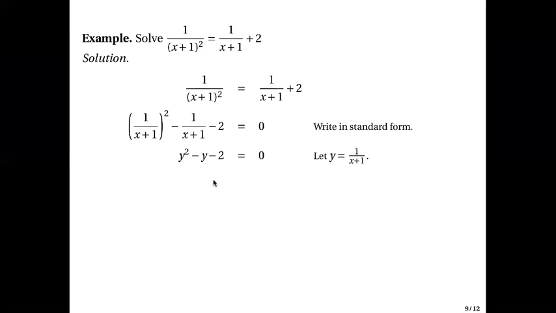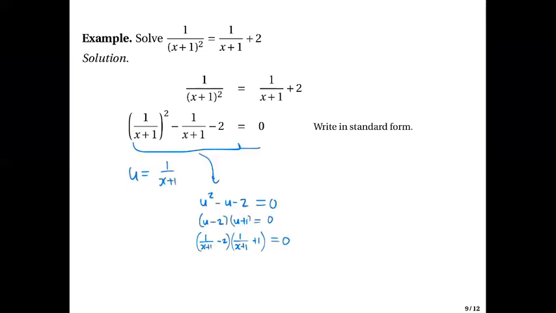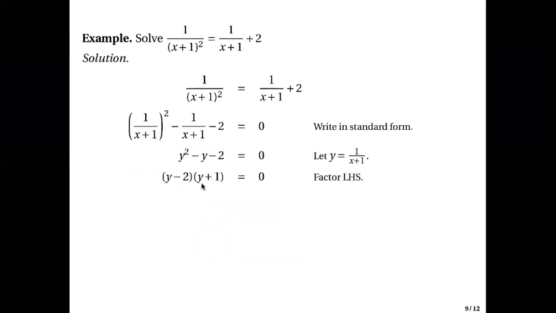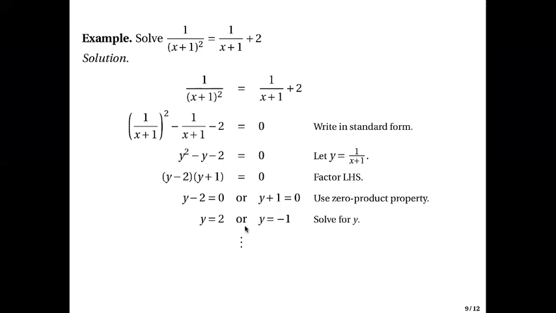Did I factor the other one correctly? Yeah. So (y minus 2) times (y plus 1) equals 0. So either y minus 2 equals 0 or y plus 1 equals 0. And then we have y equals 2 or y equals negative 1.